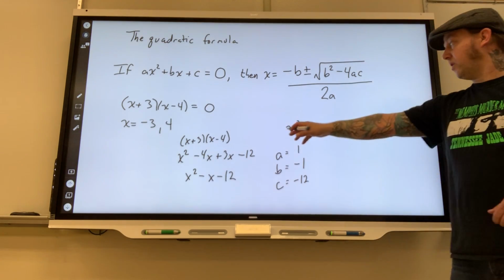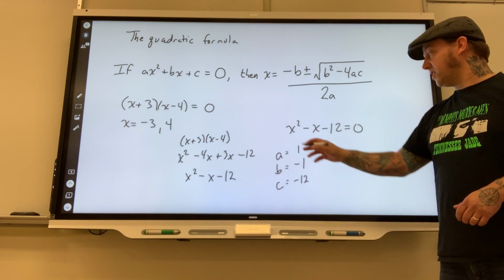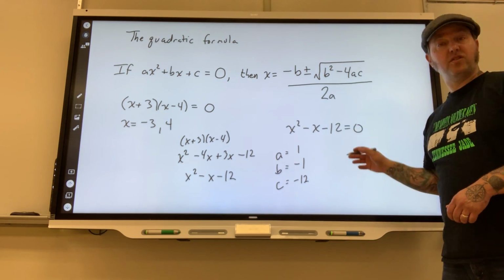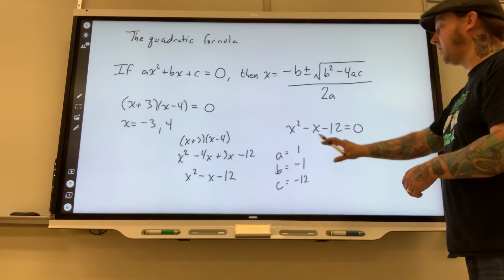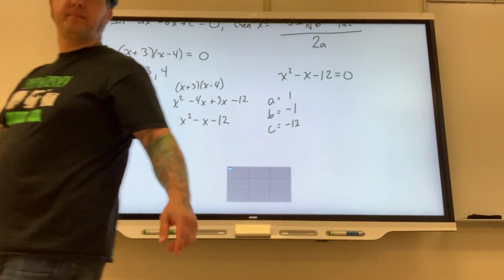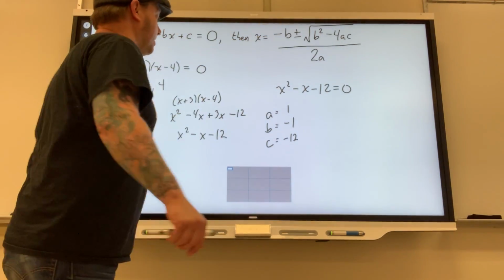Okay? So ax squared plus bx plus c equals 0. A is 1 because it's 1x squared minus 1x minus 12 equals 0. Cool? Cool. Okay. Now, let's plug in to our formula right here.